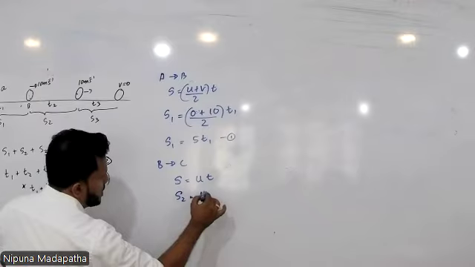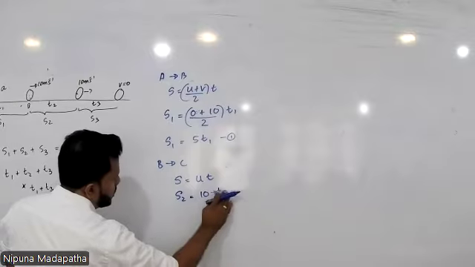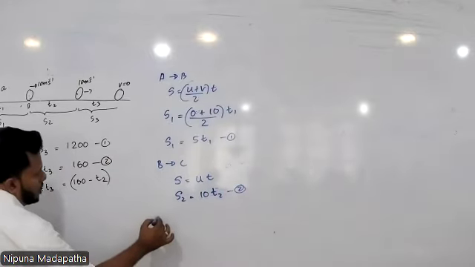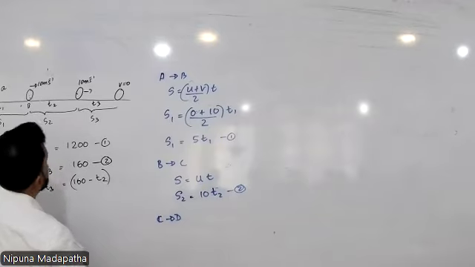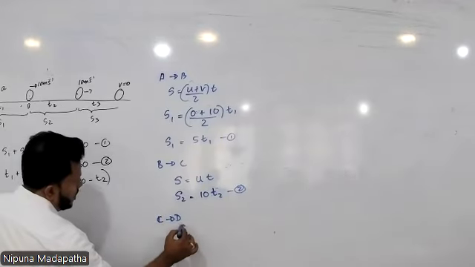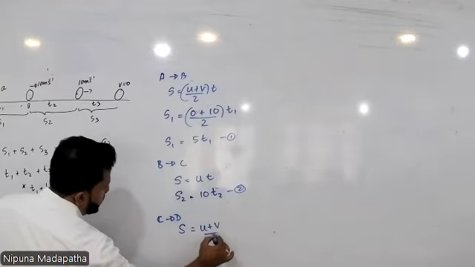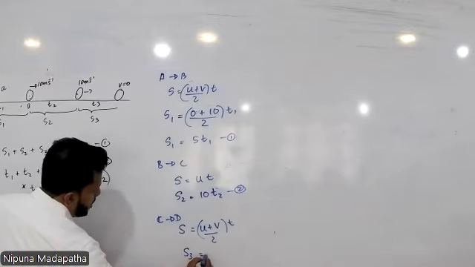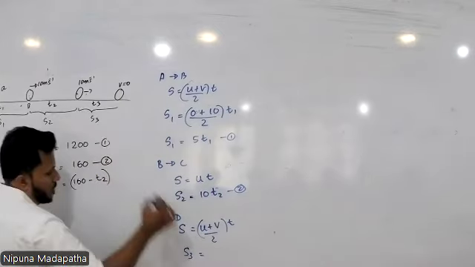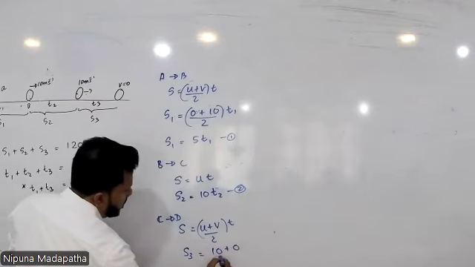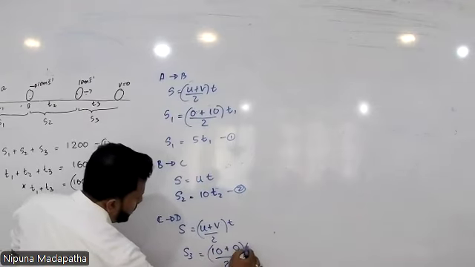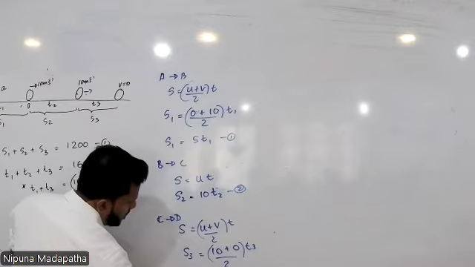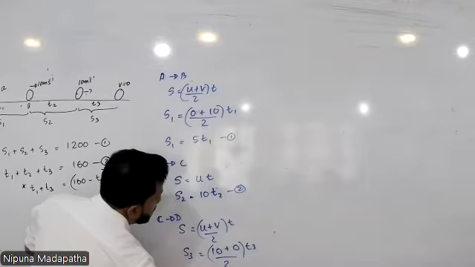S2 equals 10 t2. Second one. Then from C to D, third equation, again use S equals (u plus v) over 2 times t. For S3, the initial velocity is 10, the final velocity is 0, the time is t3. 10 divided by 2 is 5, so S3 is 5 times t3.